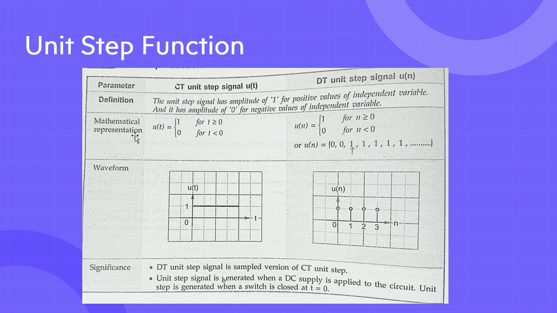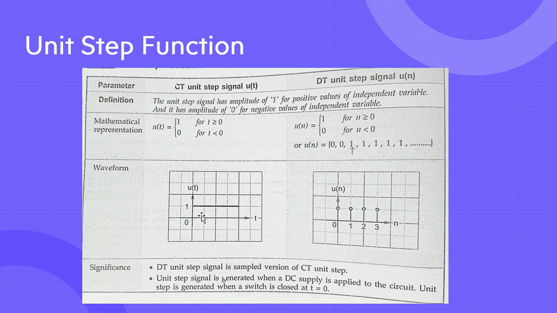You can mathematically represent this unit step signal as u of t equals 1 for all t greater than or equal to 0, which means on the right hand side of the y-axis, and 0 for all t less than 0, which means on the left hand side of my y-axis, right? And always remember, the amplitude or the value of my unit step signal will either be 0 or 1.